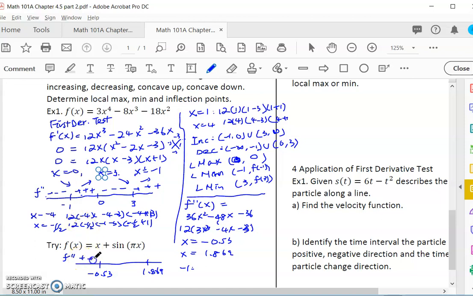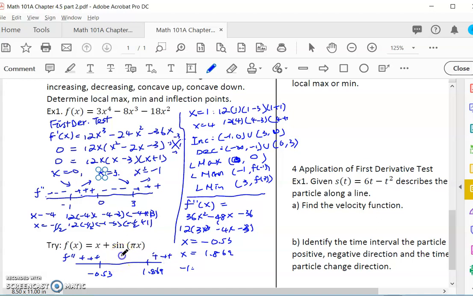Okay. And then if I plug in a big number like 2, so I would plug in 3 times 2 squared minus 4 times 2 minus 3. So 12 minus 8 minus 3. That's also, yeah, that's positive 1. So the last one is also positive.